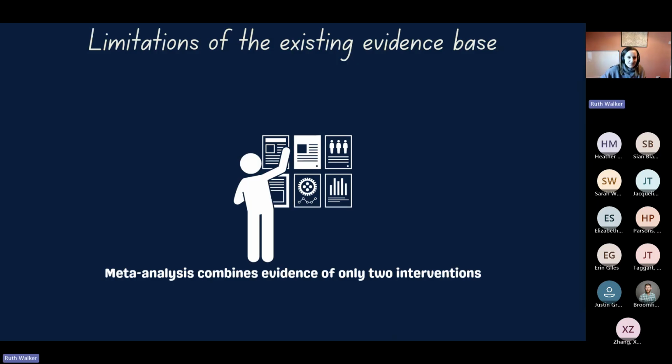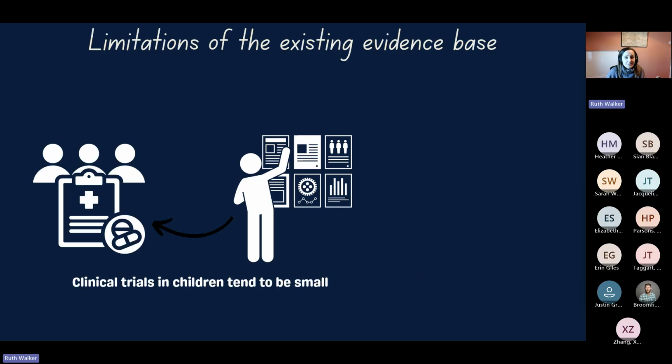So, the limitations of this evidence base. Firstly, meta-analysis combines evidence of studies from only 2 interventions, meaning not all antiemetics have been compared to one another. And the clinical trials that have been synthesized are often small, and we've mentioned this can lead to imprecise estimates of treatment effect, but it also limits our ability to explore treatment covariate interactions.